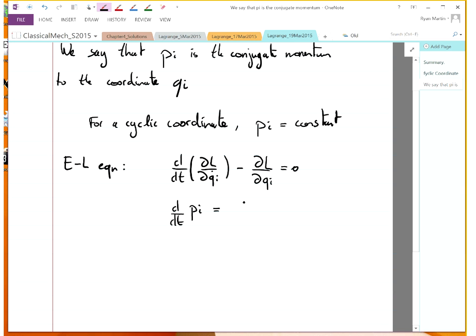And if I move the other term to the other side, I have d/dt of p_i equals ∂L/∂q_i. Now that should look kind of familiar, right? You have a name for that equation. And the name of that equation is Newton's second law.